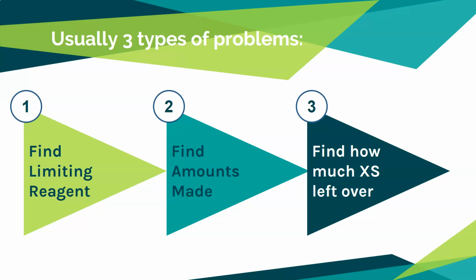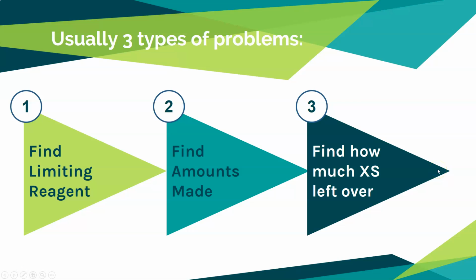The thing that's tricky is that these questions are not going to always remind you that you need to do step 1 and then step 2 and then step 3. Sometimes the question, instead of having like an A, B, C portion, it's just going to say, how much excess do you have? And you have to know to do these other parts first. So that's something to make sure you're being careful of.